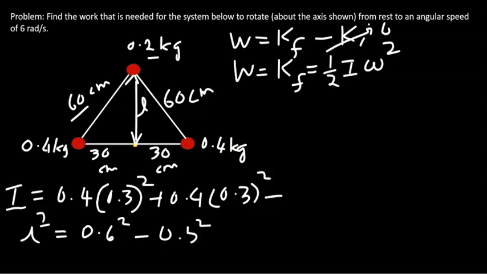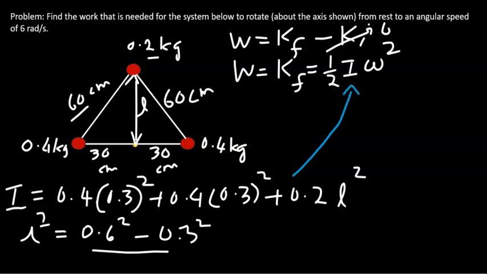So the last contribution is 0.2 times the L squared that we have computed here. So putting this information in here and substituting 6 radian per second for omega, we can calculate the work that is needed, which is 2.3 joules. And that solves the problem.